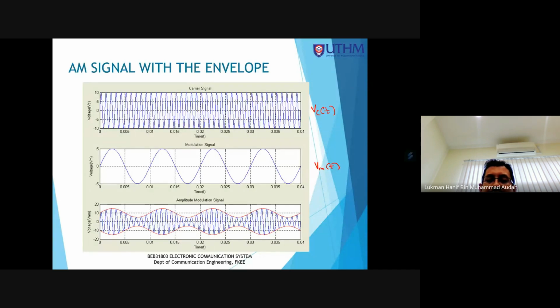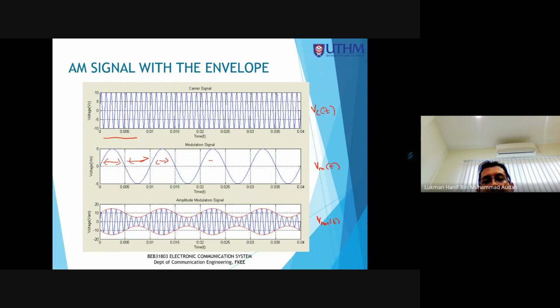And the last one is V_AM(t). For Vc(t), the ripples are very close to one another compared to Vm(t), where the distance between the ripples is far away.